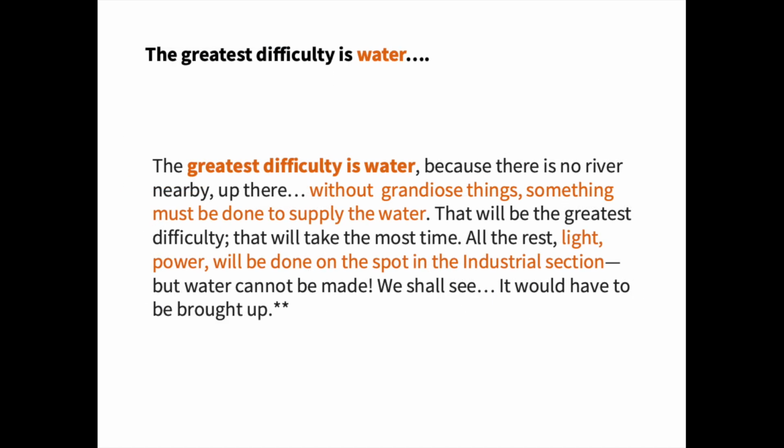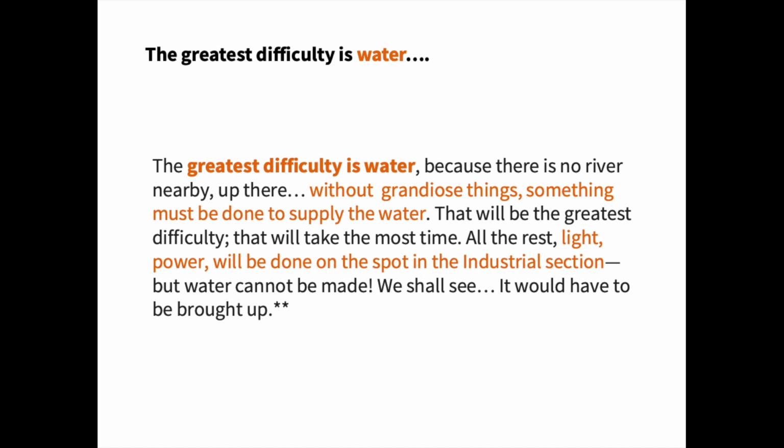So now the water. Already, Roger, right in the beginning, in his report to the Mother, had mentioned that the greatest difficulty is water, because on one hand, there is a shortage of water. We all know in Tamil Nadu about the salt water intrusion, how important it is.